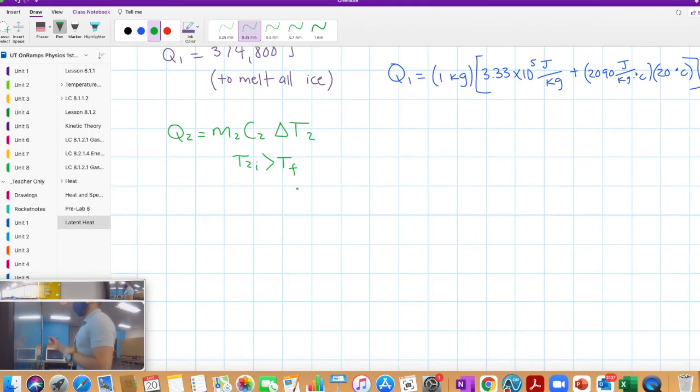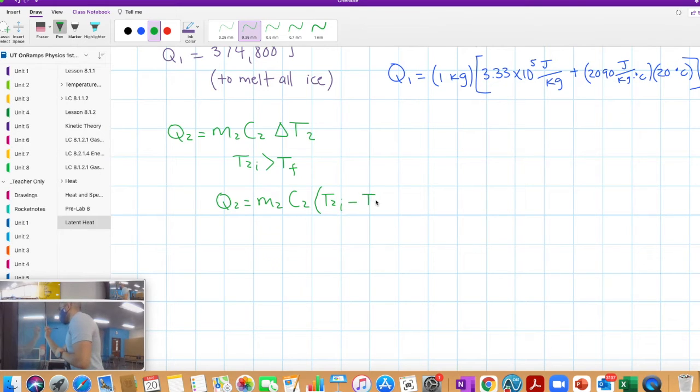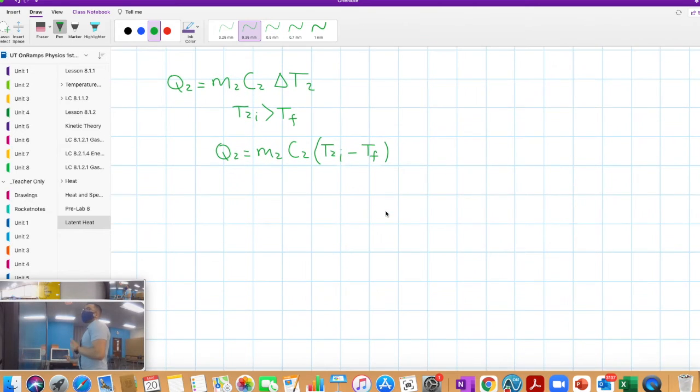Now let's find out how much that is. So it'll be mass 2, specific heat 2. Oh, wait. Parentheses, temperature 2 initial minus temperature final. We know the temperature final is 0, so you can get rid of that.